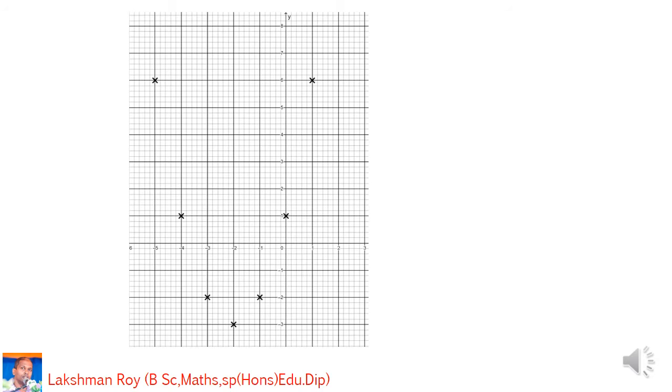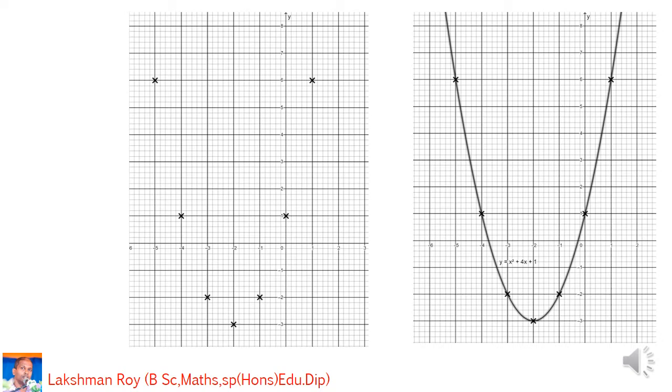Like that I'll mark all the points, then join all of them to get a smooth curve, a parabola with a minimum. So this is the graph of the function y equal x square plus 4x plus 1. Using this graph I'll find square root 3, 4 and 5. Let's see.